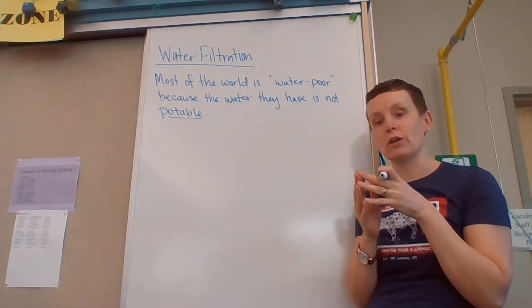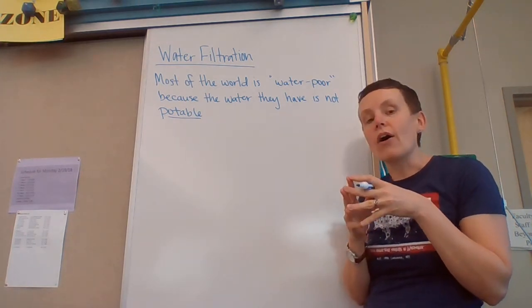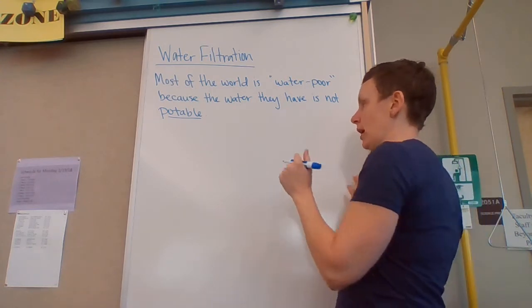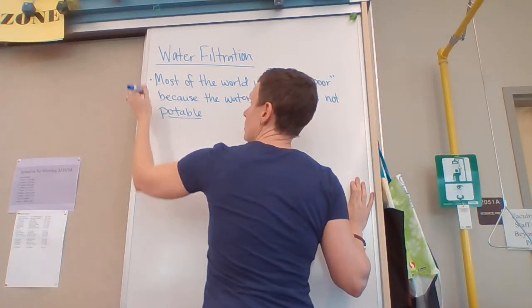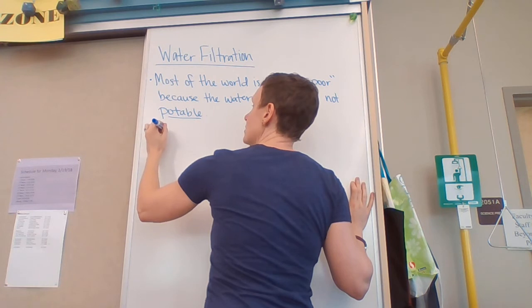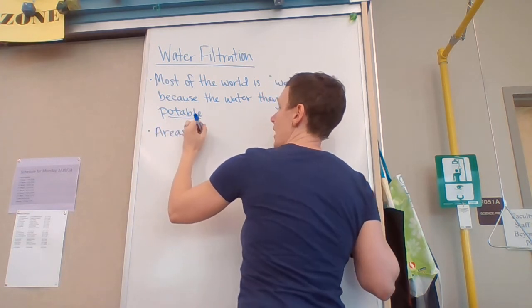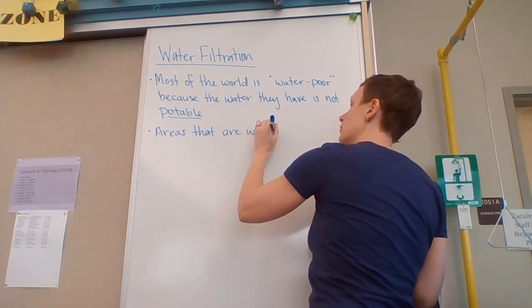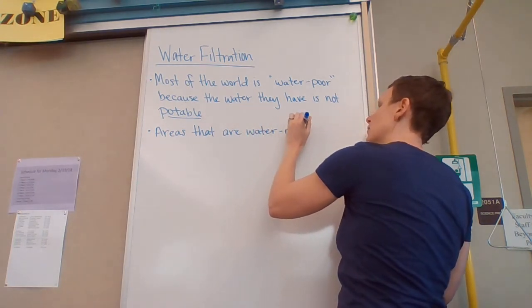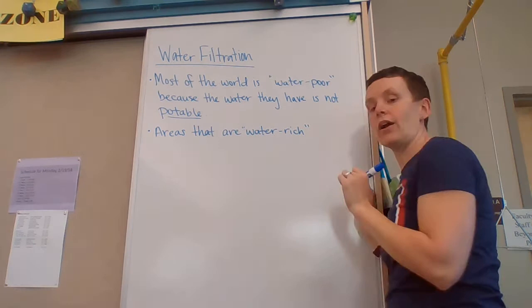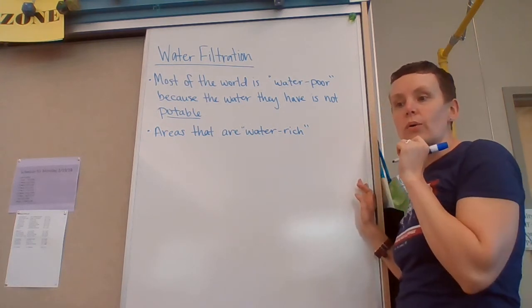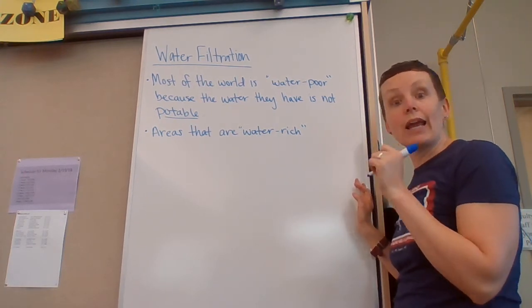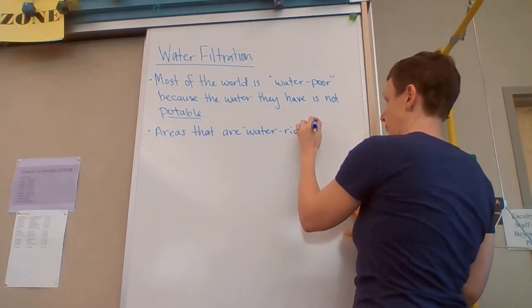But first, before we do, I want to talk about places that are water rich on this planet. So most of the world is water poor. Areas that are water rich are going to include Canada and Russia.